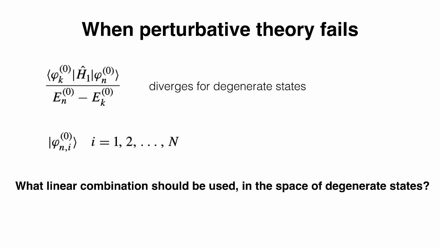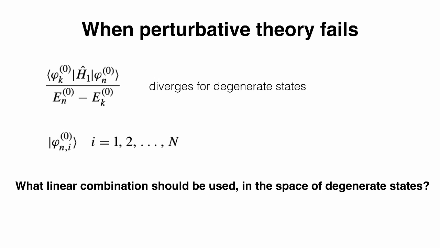So instead, we are going to work in what's called the subset of states that are degenerate. We are going to work in this subspace, which has a size capital N, where all the states phi n comma i are the states that have the same energy.